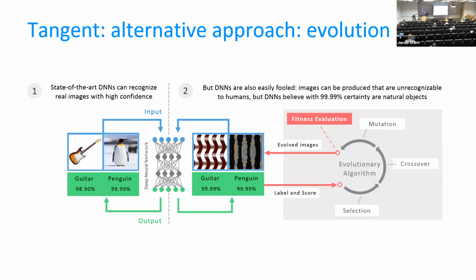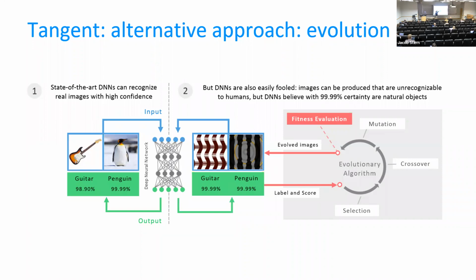So this is one early approach where people took a neural network and used an evolutionary algorithm to come up with images that the network responded very confidently to.